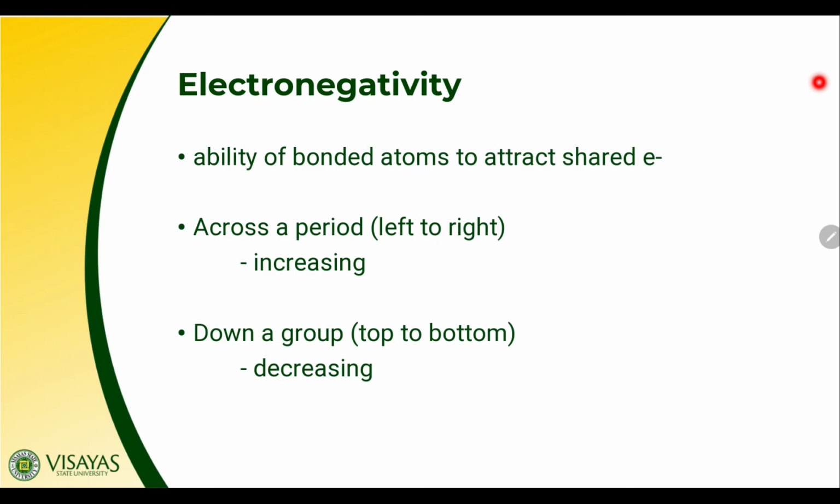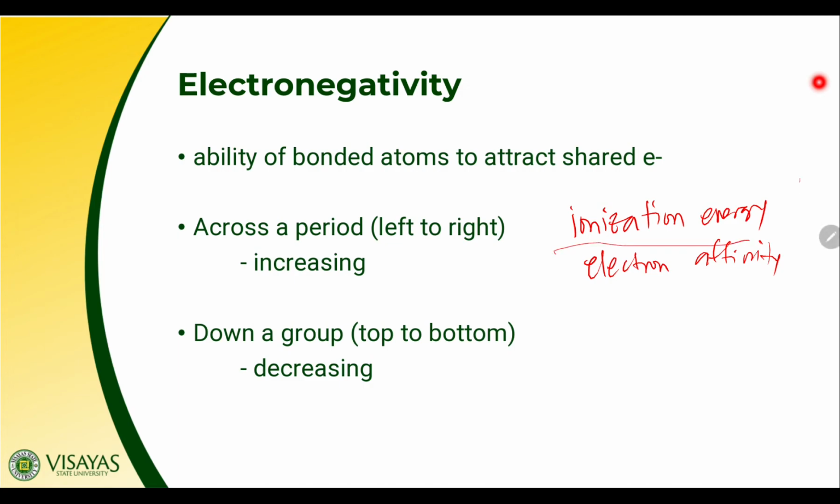Now, why does electronegativity increase from left to right? Electronegativity is actually related with electron affinity and ionization energy. What is the trend for ionization energy and electron affinity as we go from left to right?